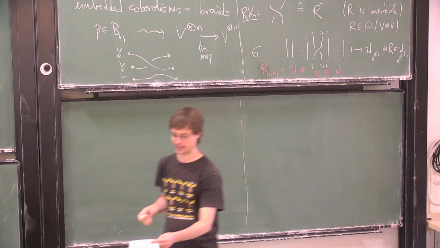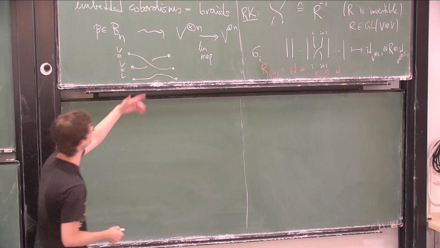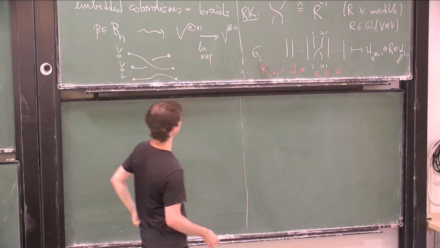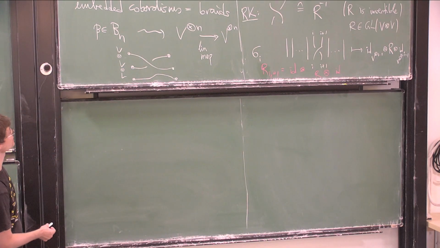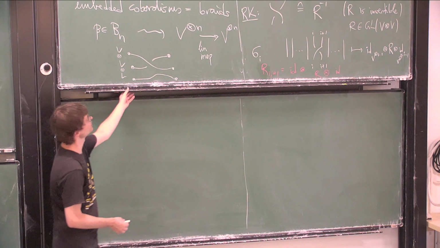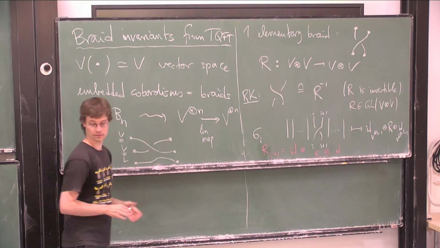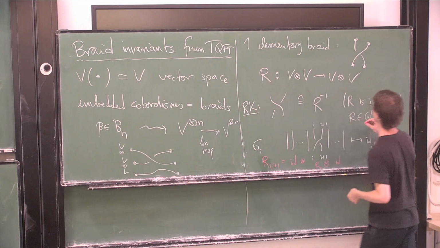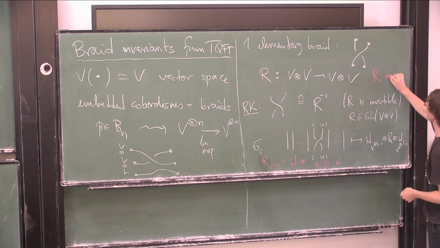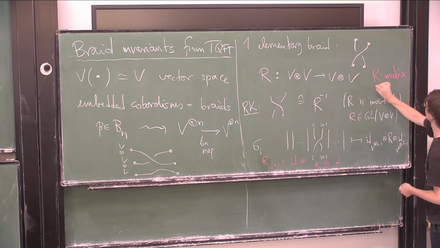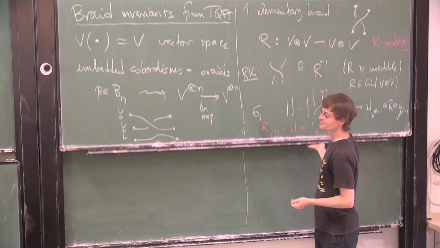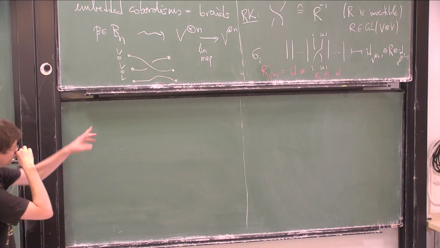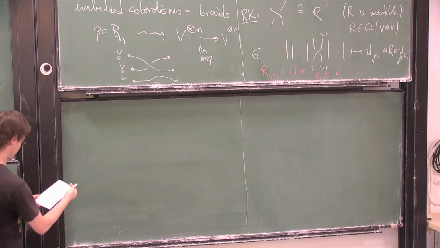But now, we've seen that these sigma i's generate the group, but they have relations. So these relations will give us some relation on this matrix R. By the way, there's a very inspired name: this object is called an R matrix. What really defines an R matrix is one relation, which is a famous relation.